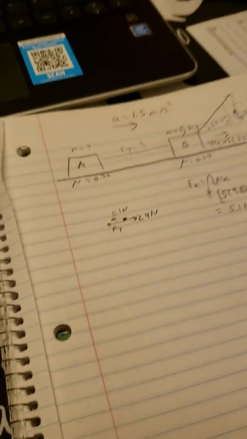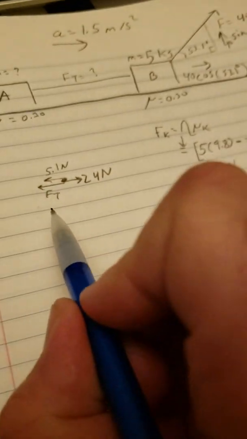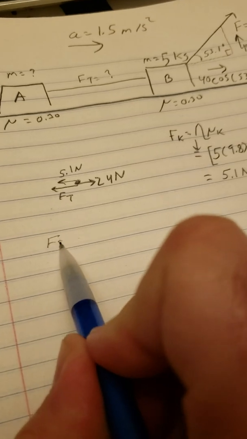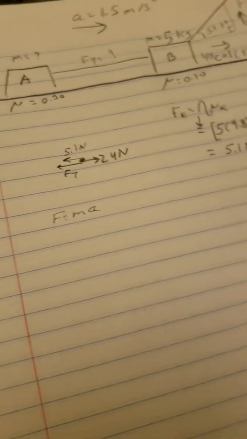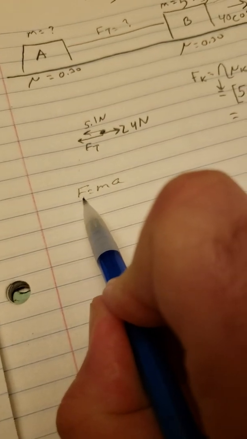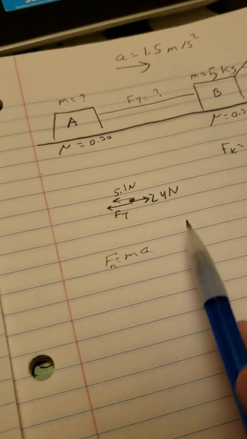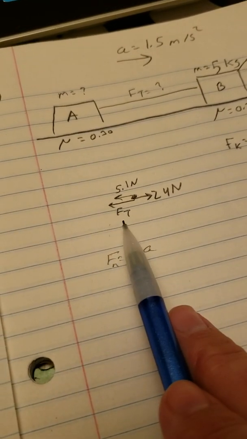Okay. So this is all going to come down to one calculation, and that calculation is everybody's favorite, F equals ma. So this F is actually going to be our net force. And our net force is this force minus these two forces.